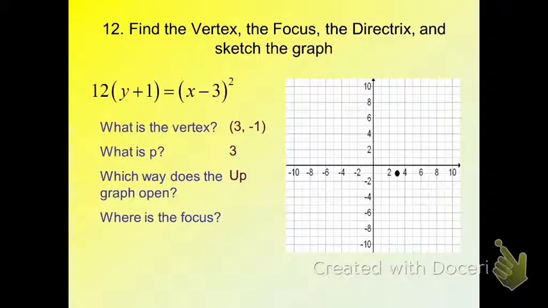So next I've got to find the focus. Let's talk about how to find the focus from here. If this parabola is opening up, and I have my vertex and I have the p-value, I'm going to go up 3 units from my vertex to find the focus. So that would be at 3, 2.